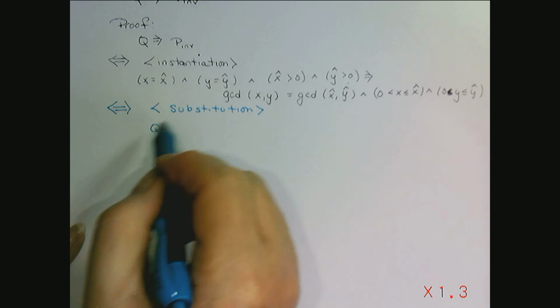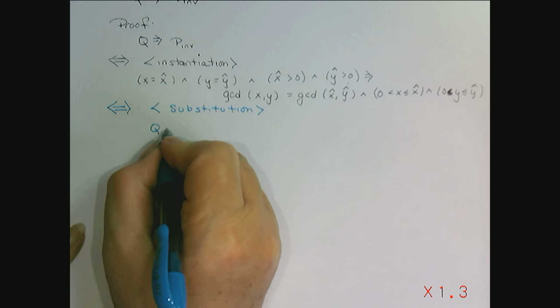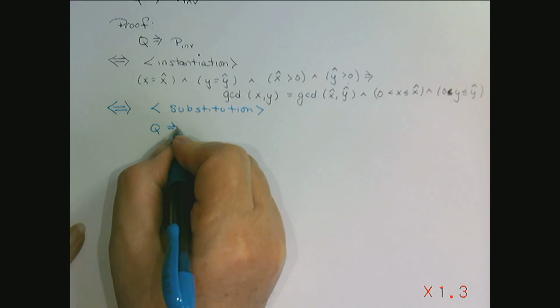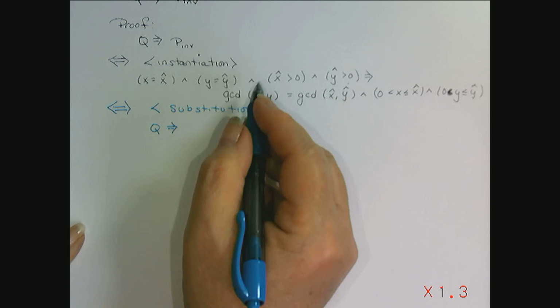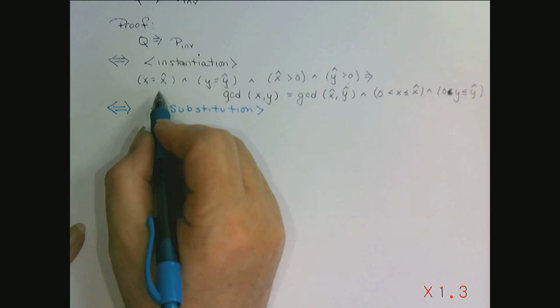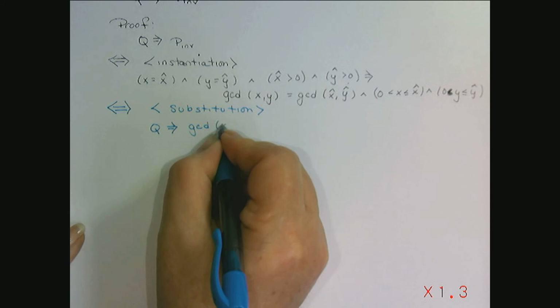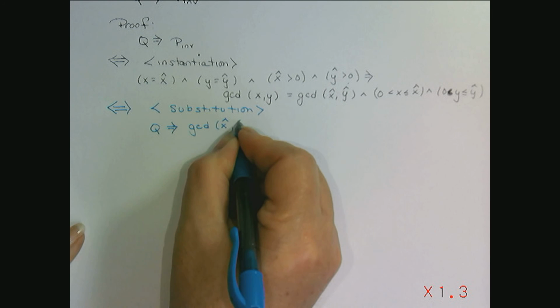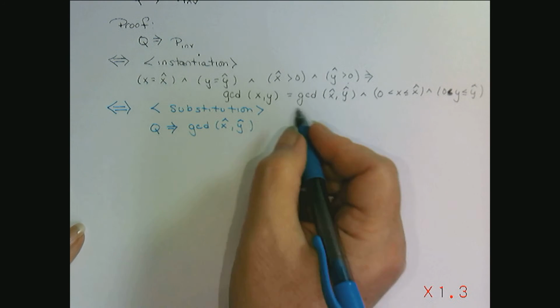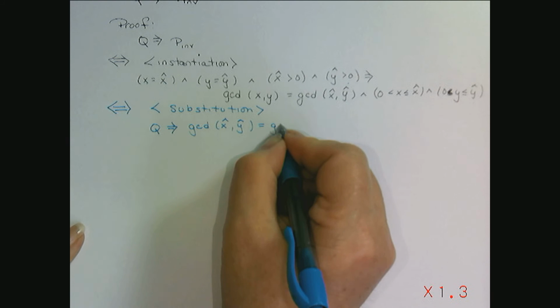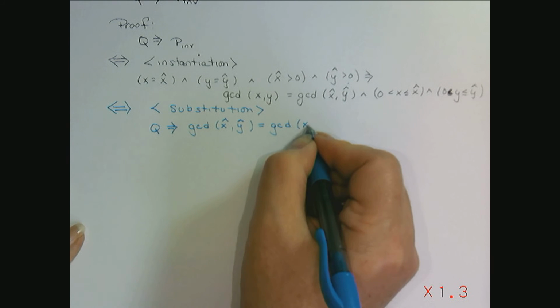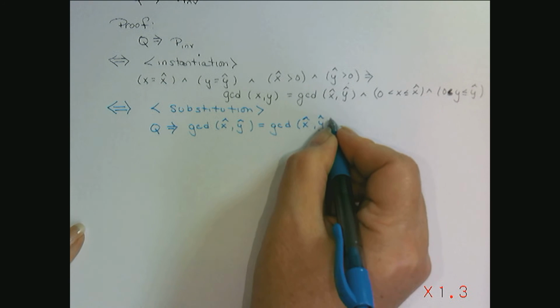But now I'm just going to again write it as Q for a while. Q implies, now if I substitute for x and x hat, that gives us the GCD of x hat, y hat, by substitution again, is the GCD of x hat, y hat.